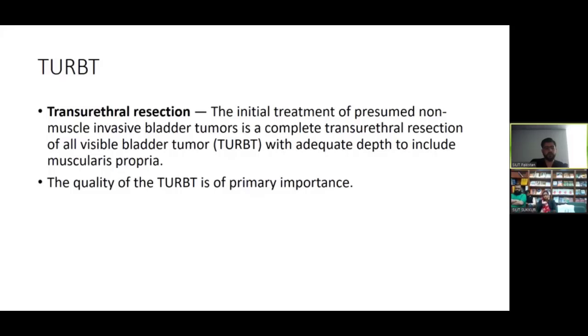TURBT, or transurethral resection, is the initial treatment of presumed non-muscle invasive bladder tumor, and a complete resection of all the visible tumor with adequate depth includes the muscularis propria. The quality of TURBT is of prime importance. Endoscopic resection, or TURBT, is potentially diagnostic as well as therapeutic.